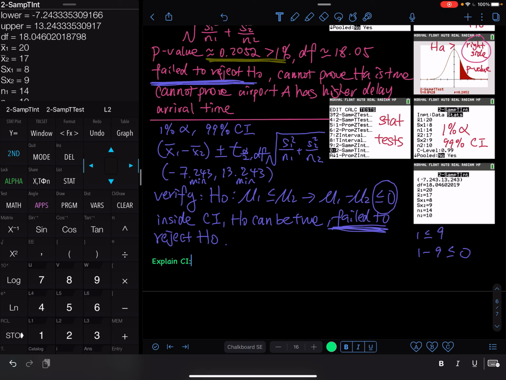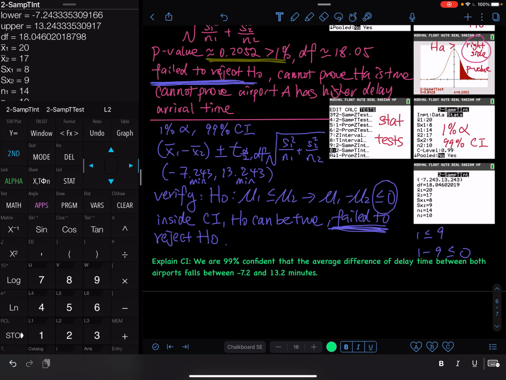I'm going to say we are 99% confident that the average difference of delay time between both airports falls between, I will just round a little bit, -7.2 and +13.2 minutes.